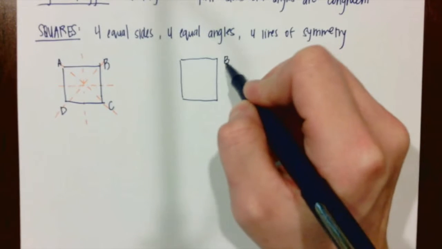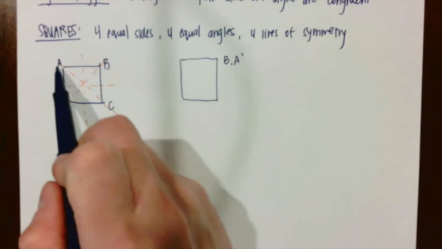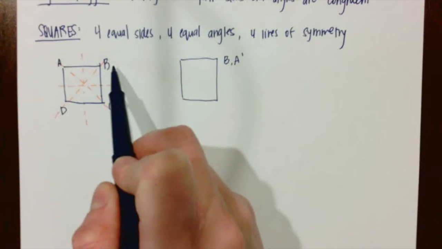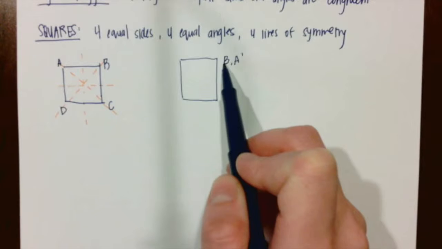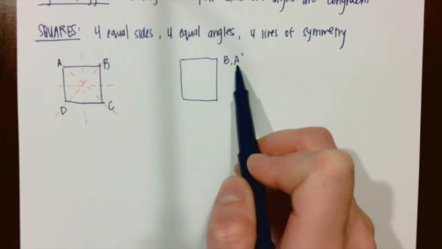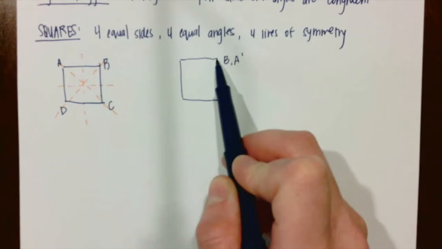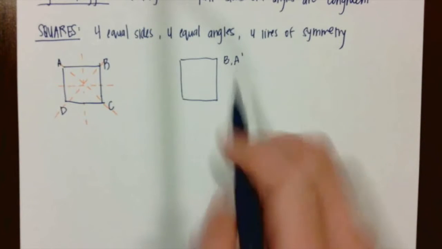So where I had B, that's now going to become A prime. Here's where A was in the pre-image. We twist it and A ends up over here in the image. So it was originally B, but now it's A prime. Side B started right here. When we twist it 90 degrees, it ends up here as B prime.